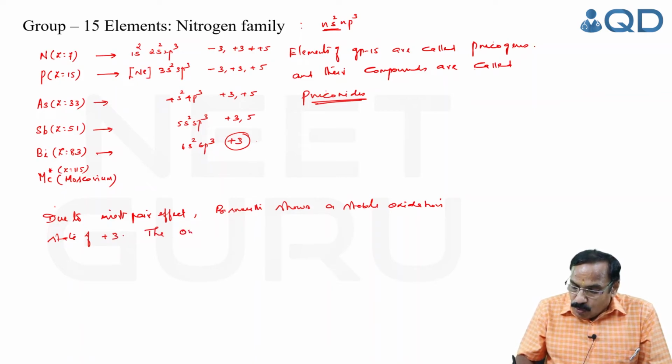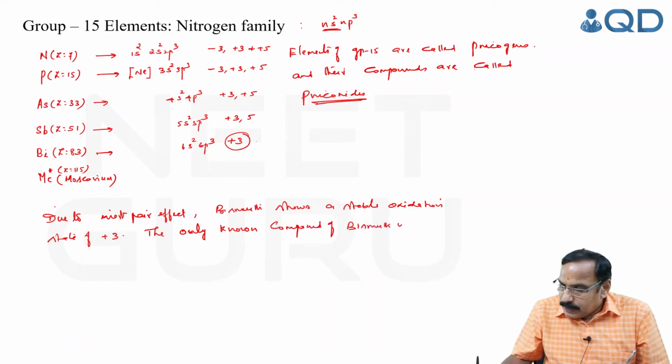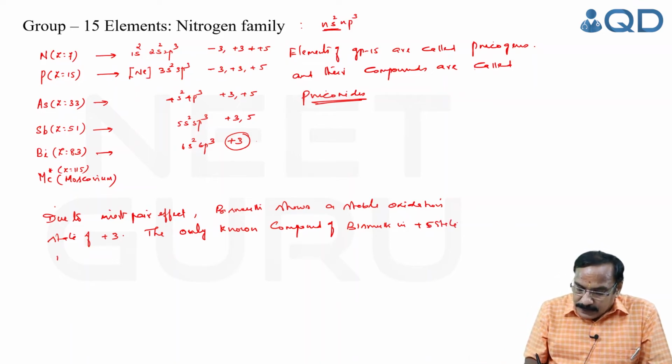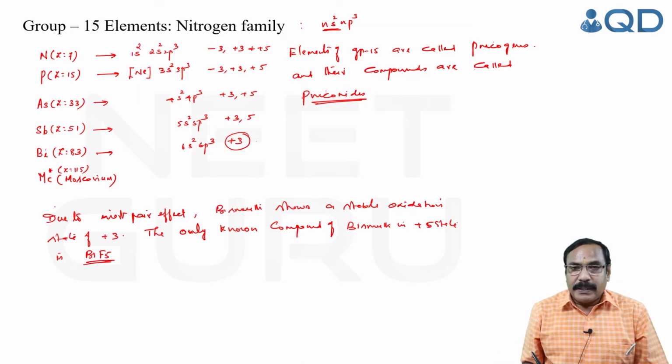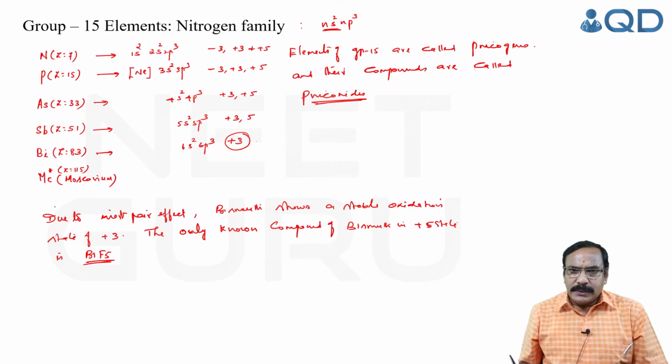Remember, the only known compound of bismuth in the +5 state is bismuth pentafluoride. It is a question you can expect in competitive exams. So I am just giving you the introduction to the nitrogen family. We are going to discuss more and more in our subsequent sessions.